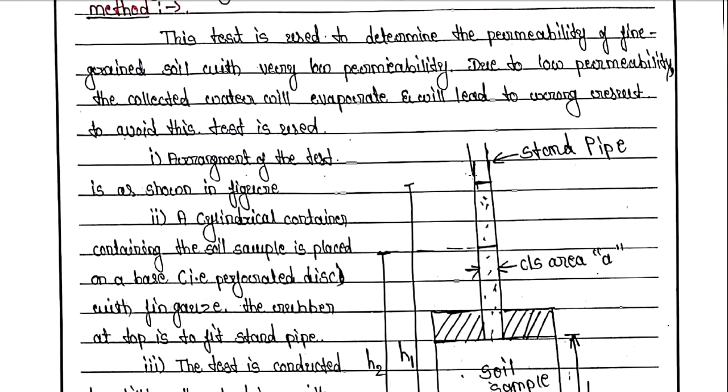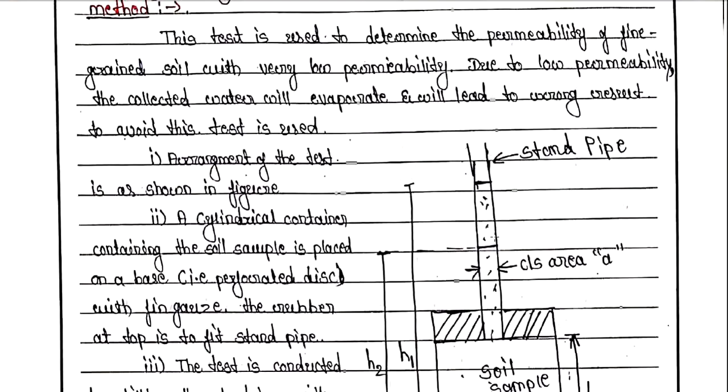As the time progresses, the height of water falls. In the previous test we maintained the constant height of water, that is why that test was called constant head method. Here we are not maintaining the constant height of water, that's why it is called falling head method.